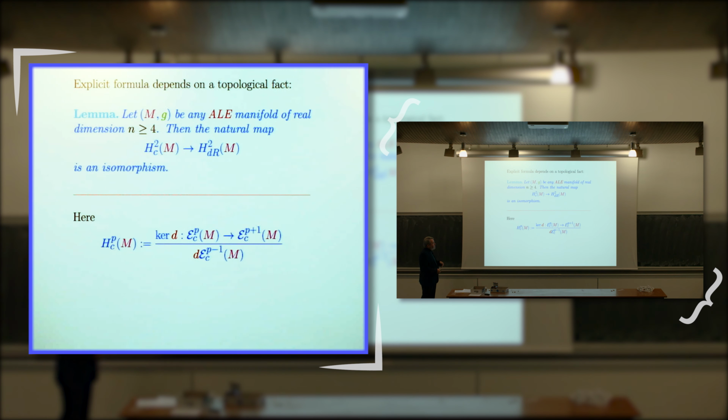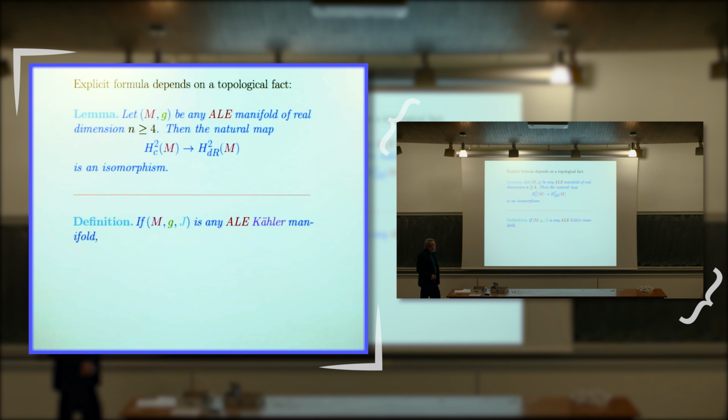The compactly supported de Rham cohomology is essentially the cohomology of the manifold relative to the end. In terms of de Rham cohomology, there's a complex of compactly supported differential forms. You can look at its d, which defines a co-chain complex on it. You can look at its cohomology. It turns out whether you use compactly supported forms or all smooth forms, you get the same cohomology on these manifolds.